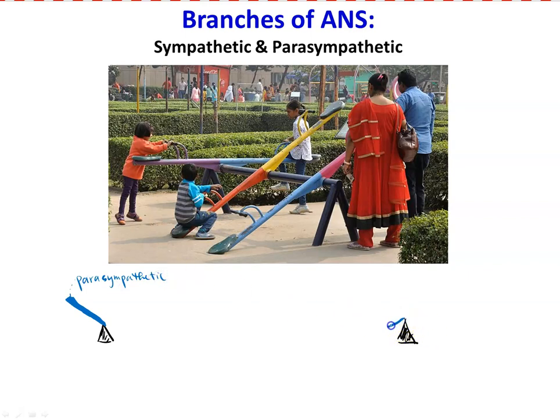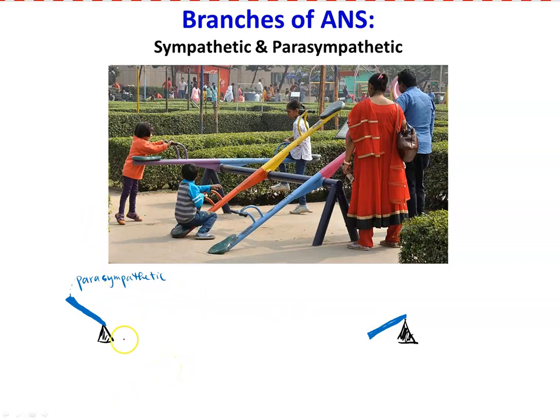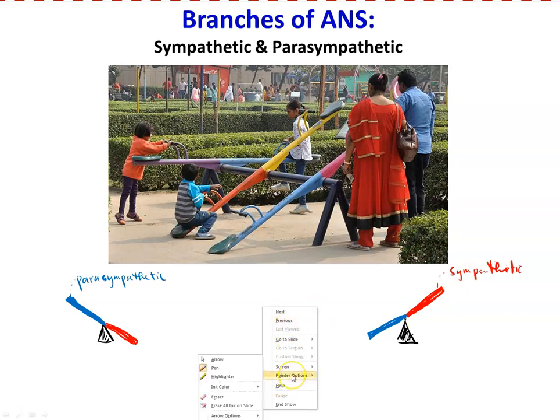I'm going to draw it down here too. So blue will be parasympathetic. And then I'm going to change my color to red. And red is going to be the sympathetic nervous system, which I'm going to draw down here. Okay, that's our seesaw, right? This is the sympathetic branch. All right, now I'm going to change my color back to black so that I can take notes.